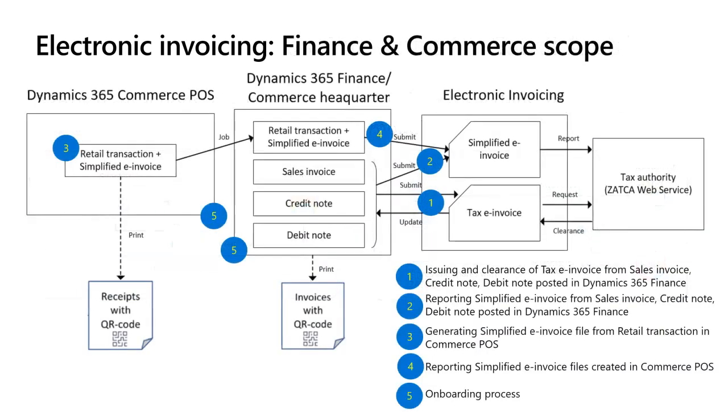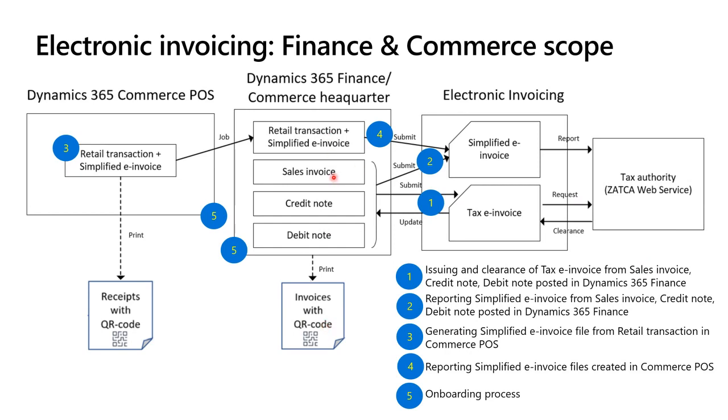So, giving a little bit more detail about our scope of electronic invoicing in this phase 2. Here at the center, we have Dynamics 365 Finance, right? In phase 1, we already accomplished the generation of the QR code. And for phase 2, what was in the scope?